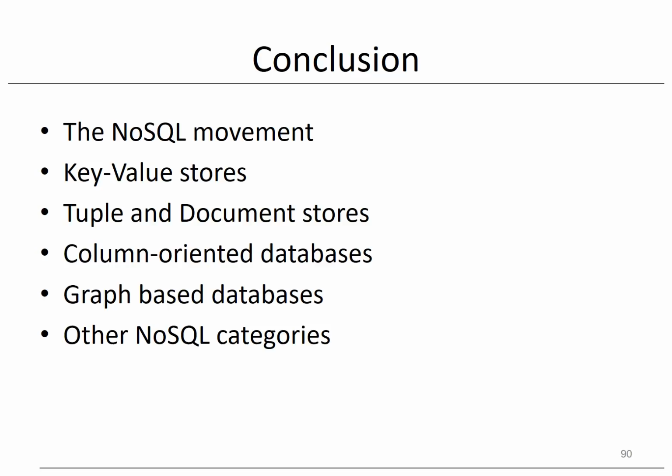We started elaborating on the NoSQL movement. We then discussed various types of NoSQL databases, such as key value stores, tuple and document stores, column-oriented databases, and graph-based databases. We concluded by reviewing some other niche NoSQL databases.